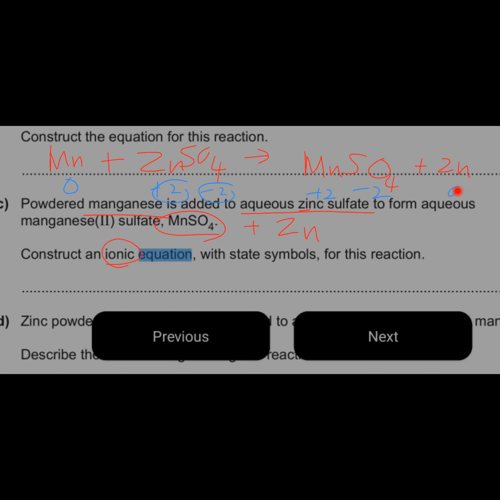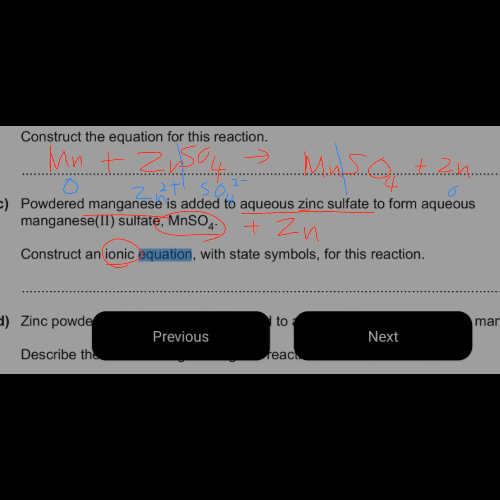Now we can see the ions separately. You can write the separate ions, or else just cancel the ions that are present. It's actually better to write the charges on top so that I can break down the ions in the same reaction. This zinc is zinc 2+ ion, so I'm breaking down the ions: zinc 2+ and sulfate 2-.